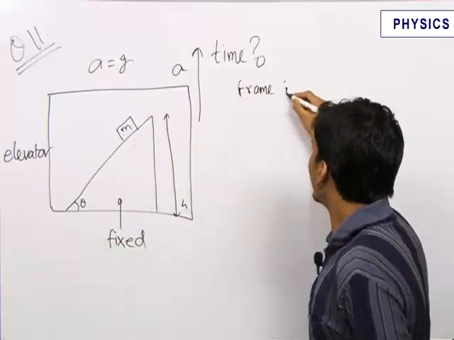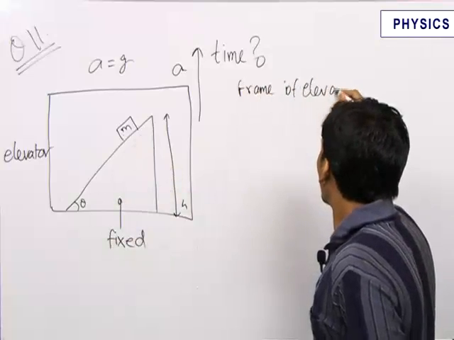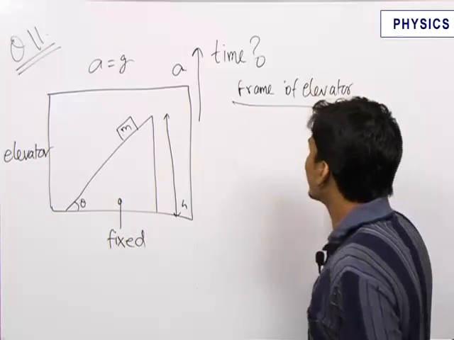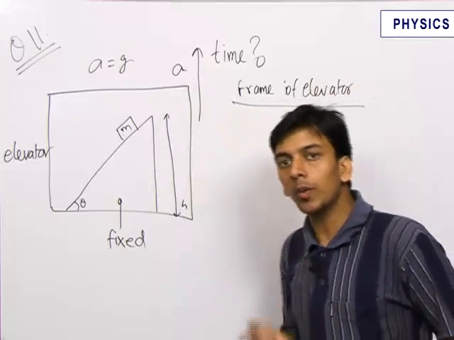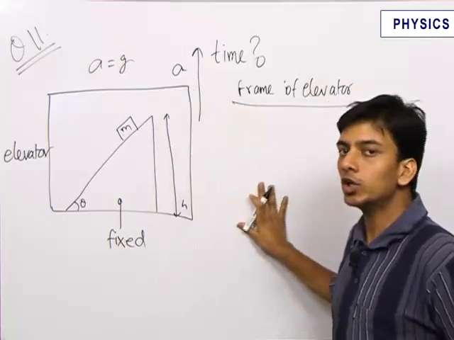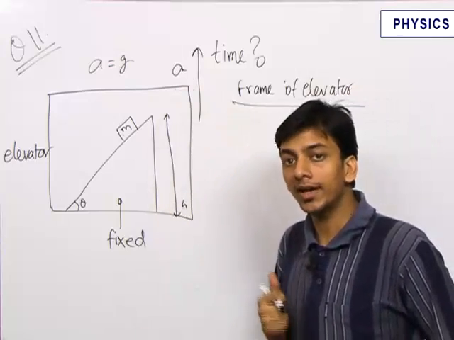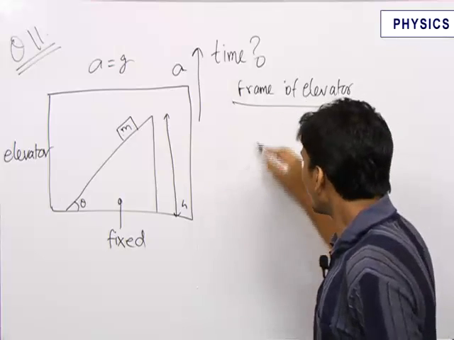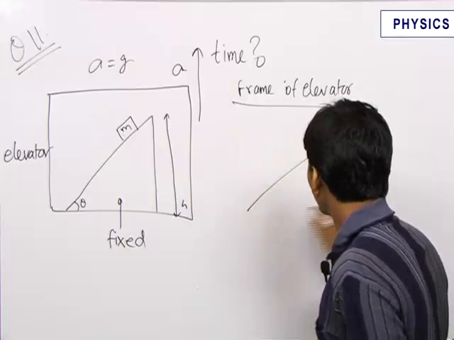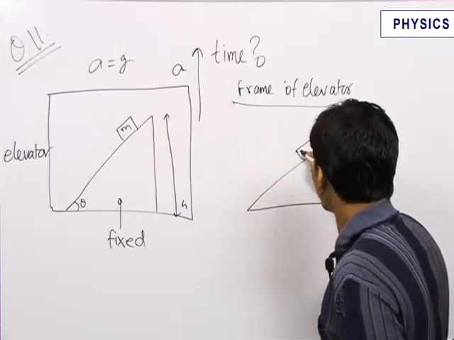Now in the frame of elevator, we see that elevator is an accelerating reference frame. So to apply Newton's law in this frame, we need to apply pseudo force on all the objects on which we want to apply Newton's law. Here we want to apply Newton's law on this block of mass m.